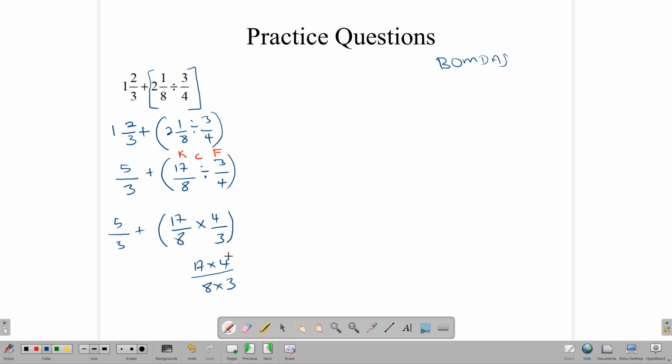Notice that we can divide 4 into 8. So 4 can divide itself 1 time, and 4 can divide 8 2 times. So when we work out the bracket, we get 17/6. And to continue our question, we have 5/3 plus 17/6. 17/6 is what comes out of the bracket.